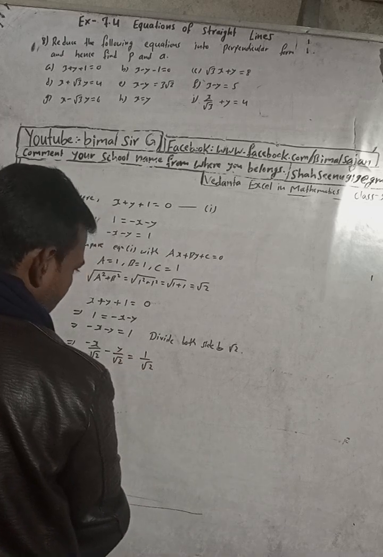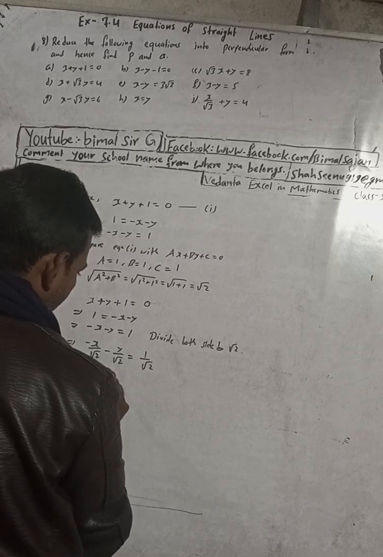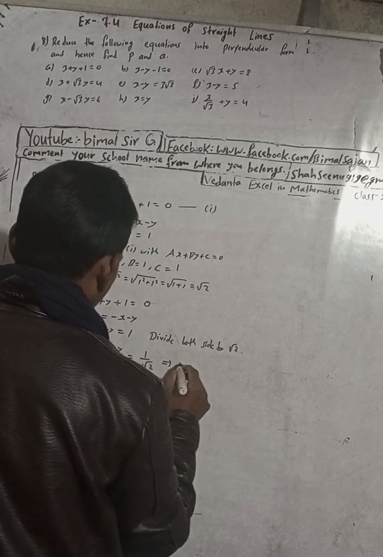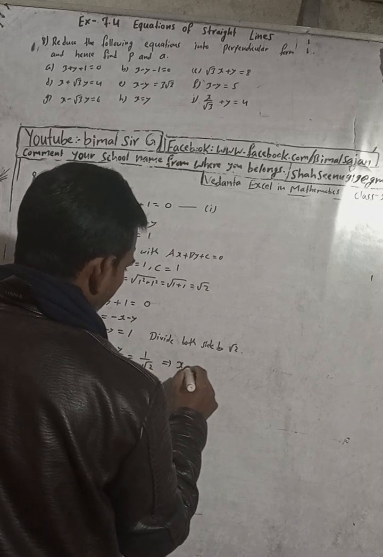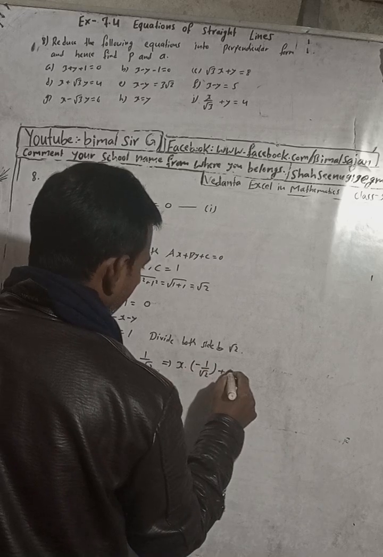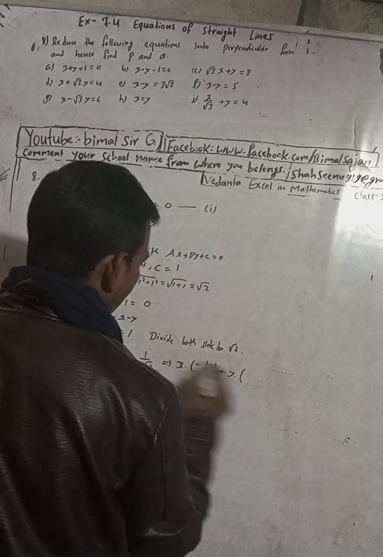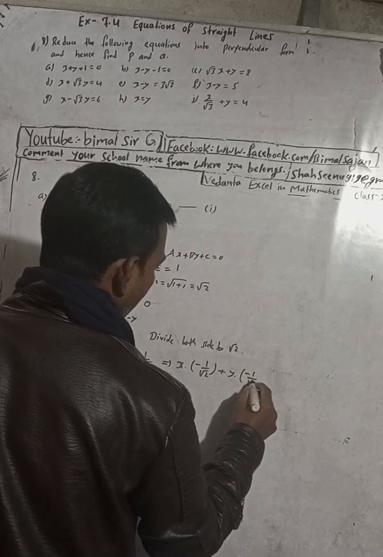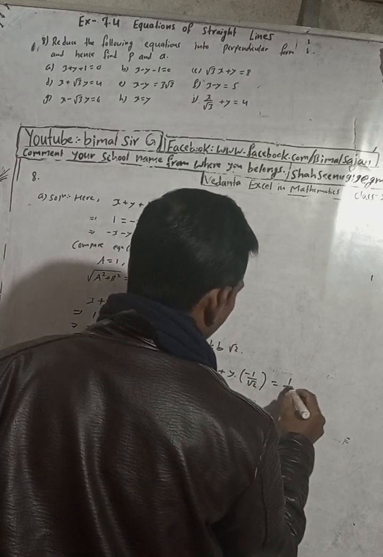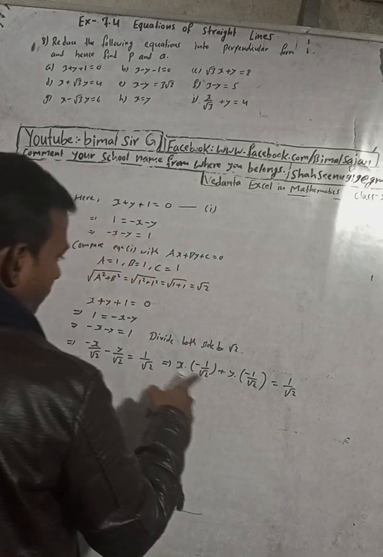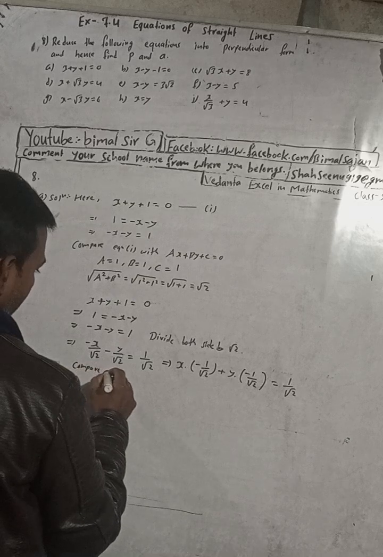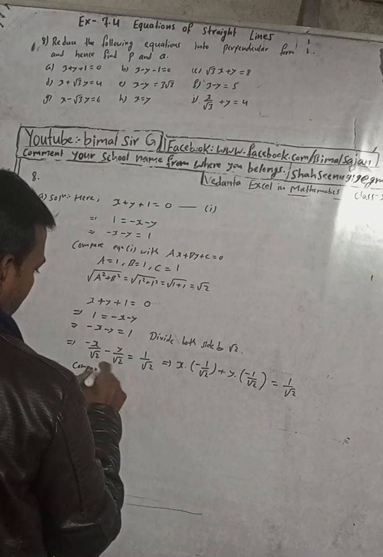You can write this in a special format: x into minus 1 by root 2 plus y into minus 1 by root 2 is equal to 1 by root 2. Now compare this equation.